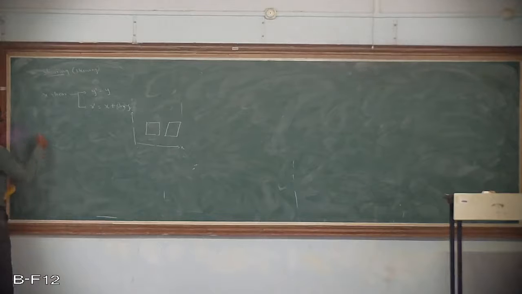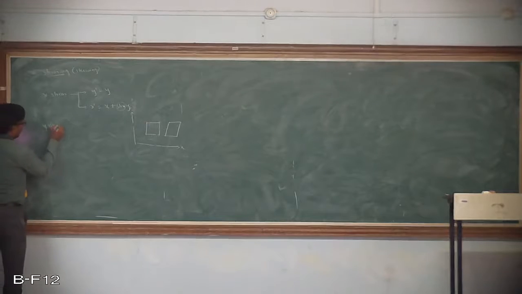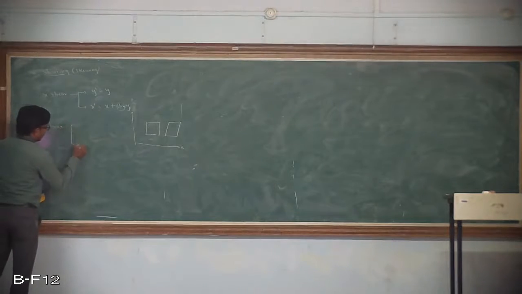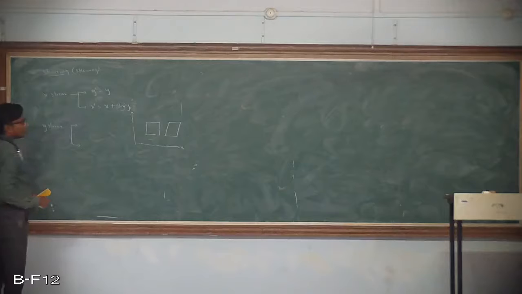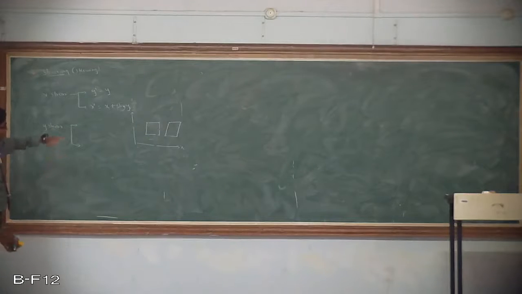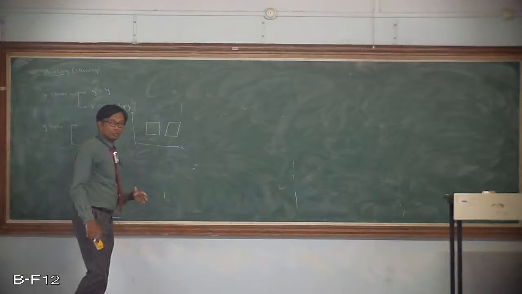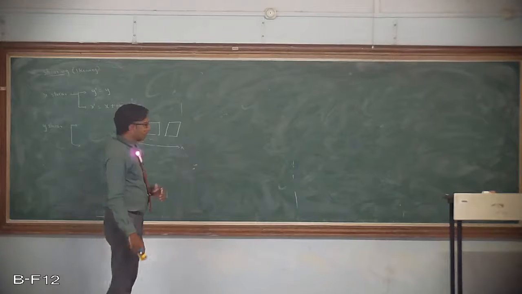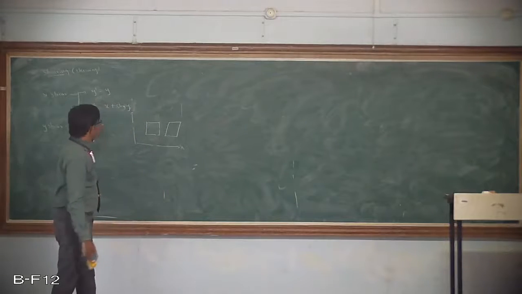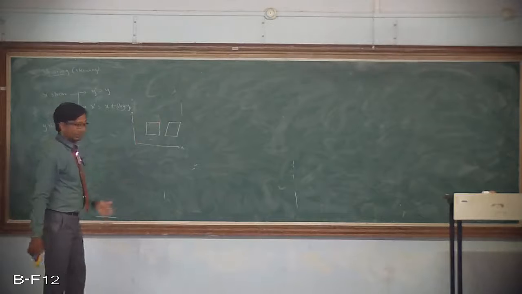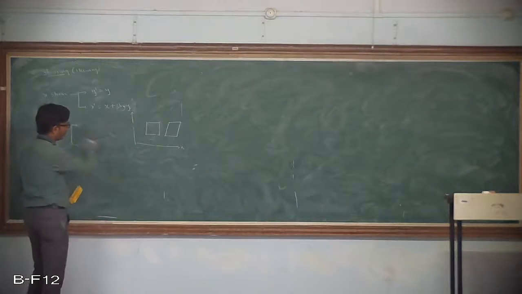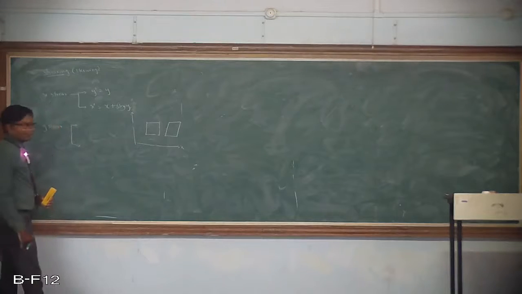Y shear means I am holding the x-axis as it is and changing the y coordinates, distorting the y coordinates. You will observe this when we solve these problems. We will be solving some problems with x shear and y shear, and we will see the change in the shape of a component.